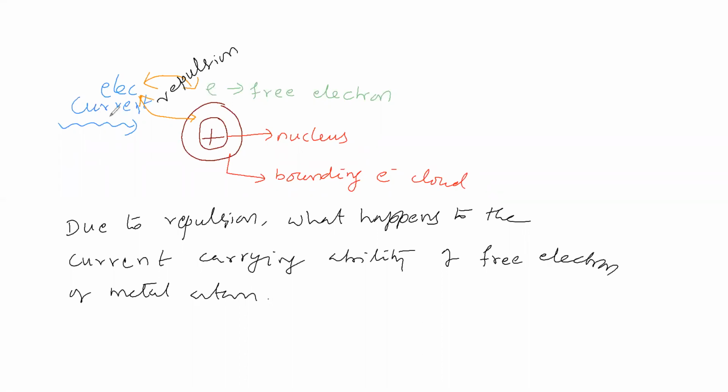Now, current comes. Current is carrying electrons. Between this electron and the free electron of the metal atom, repulsion is there. Between this current electron and the bounding electron, repulsion is there. Due to this repulsion, what is the tendency of this current electron making collision with this free electron? You think.